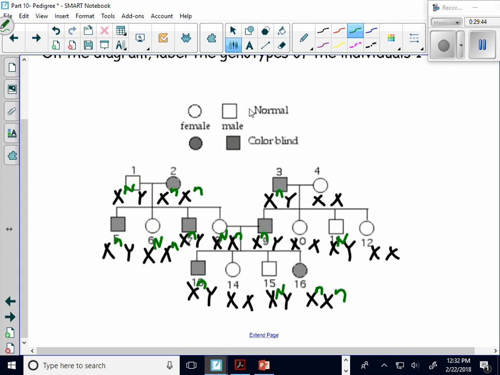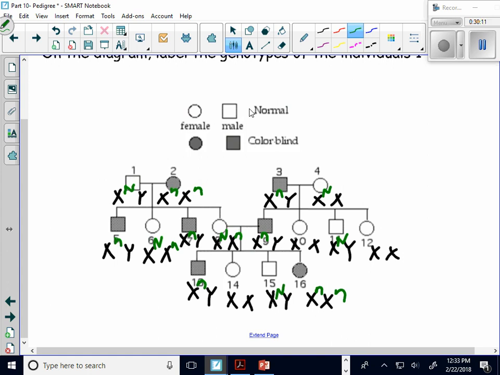Okay, let's move to the other side of the family. Okay, the other grandparents, so to say. I know 3. Let's look at 4. Does 4 tell us anything? Okay. We know that number 4 is not colorblind, right? So we know an N. What about that second X?